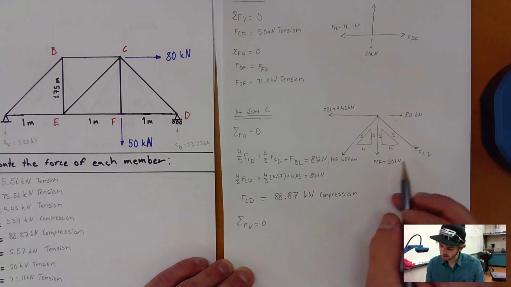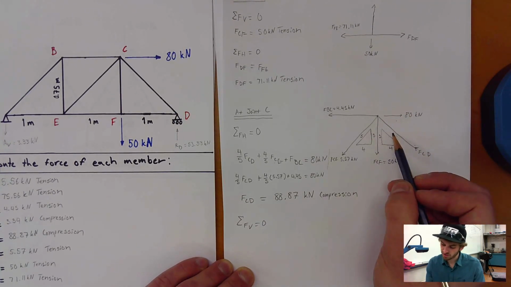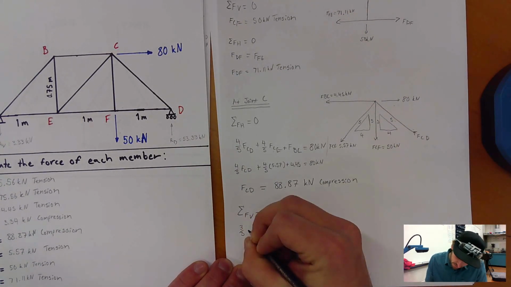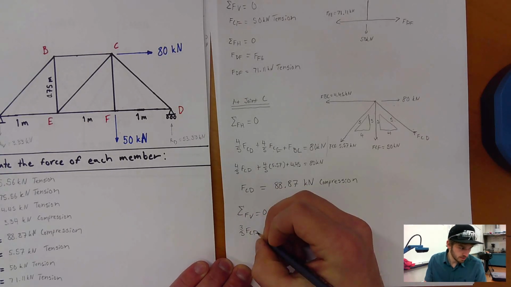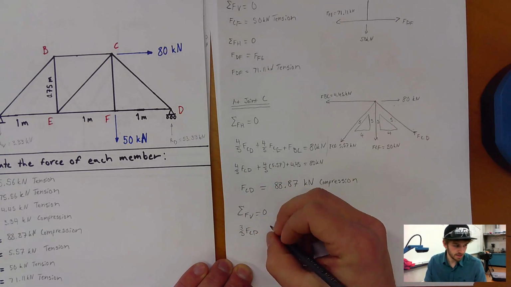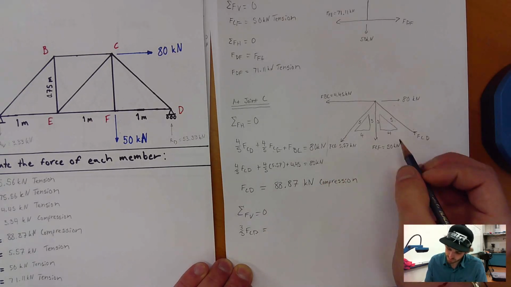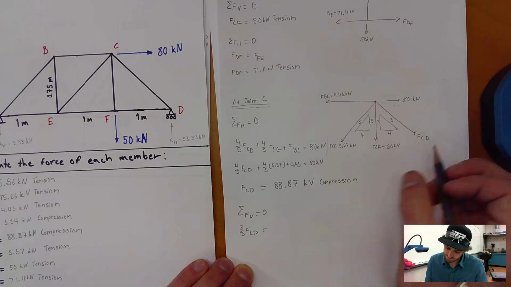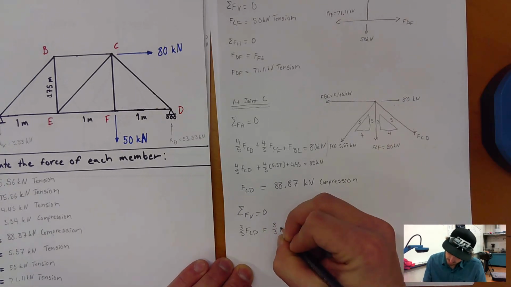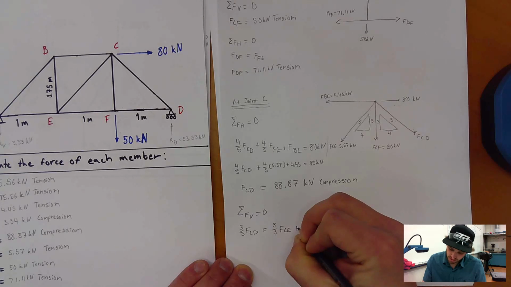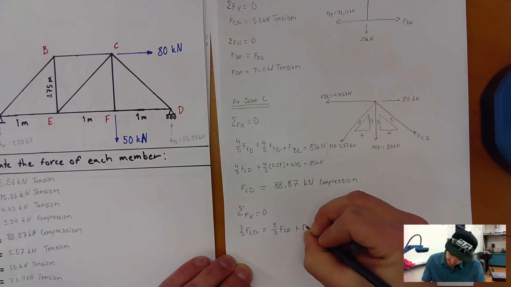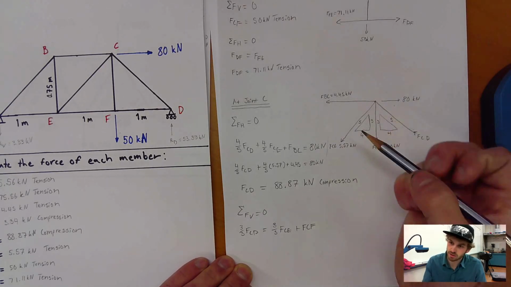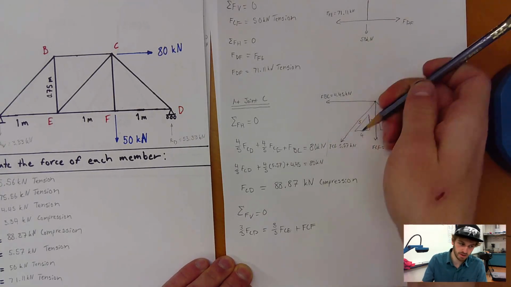So if we do instead for our CD, if we do 3/5 of FCD, that is going to equal 3/5 of FCE plus FCF. So this pushing this way should equal this pushing down and this pushing out in that direction.